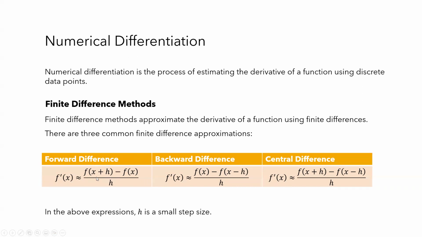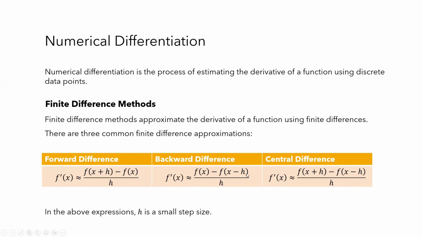In the forward difference, the first derivative is approximately equal to f of x plus h minus f of x, over h. So h is the step size, x is some value on the x-axis, and x plus h is this x value plus the step size. And we have to divide this by h, the step size.